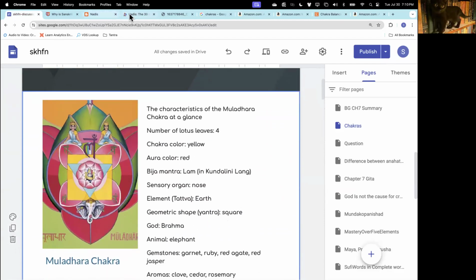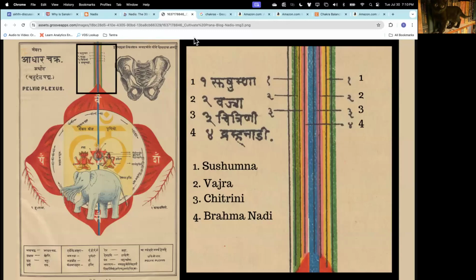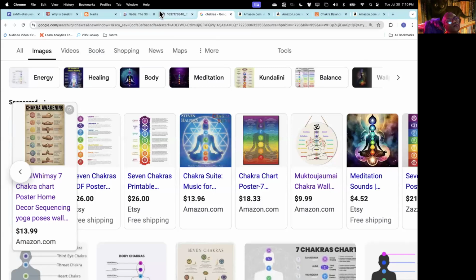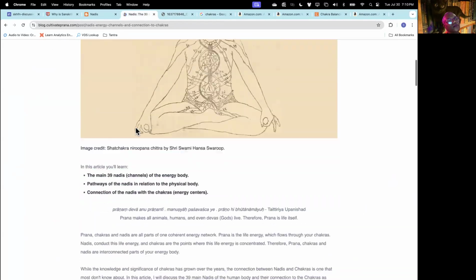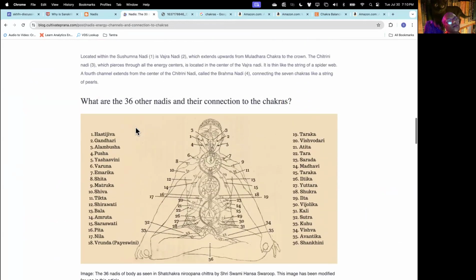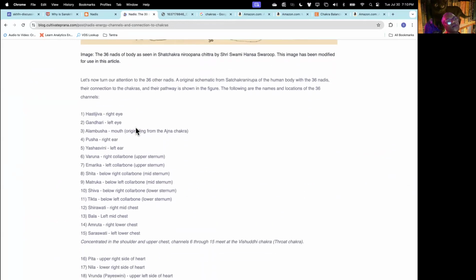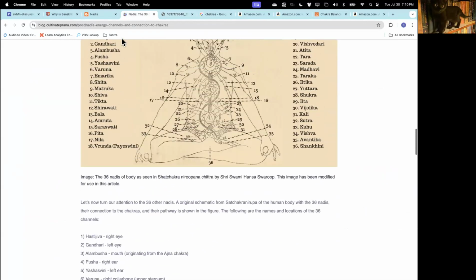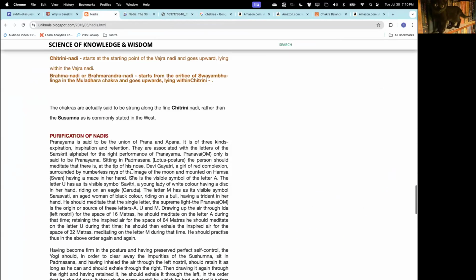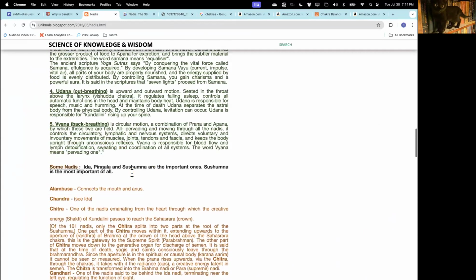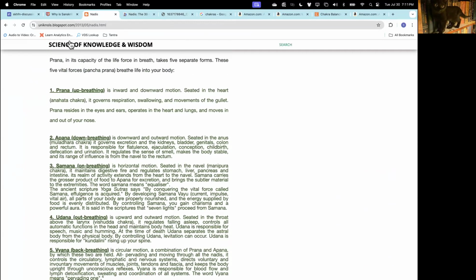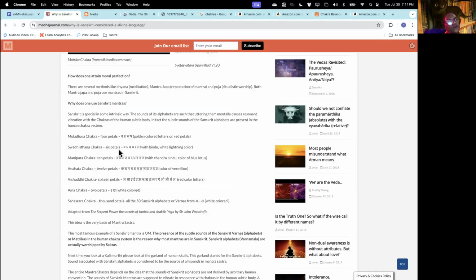How many leaves each chakra has also has its own significance. Depending on how many leaves you have, it will have certain effect. So this is a whole science. This is a whole science of the inner body. And this science gets really, really deeper if you want to get into it.